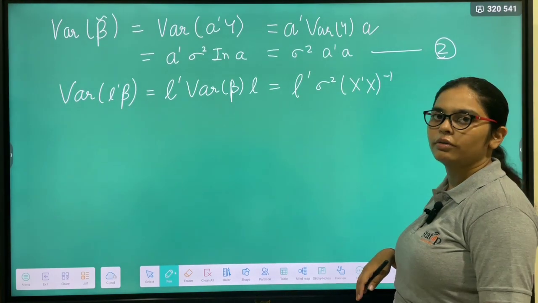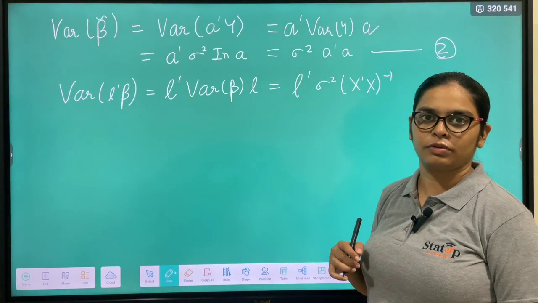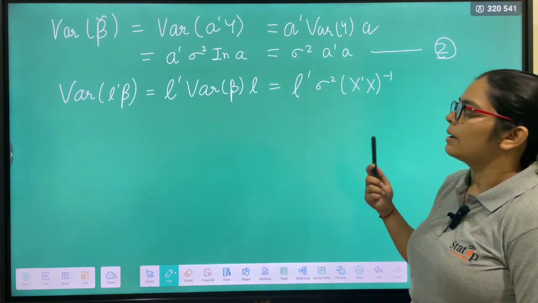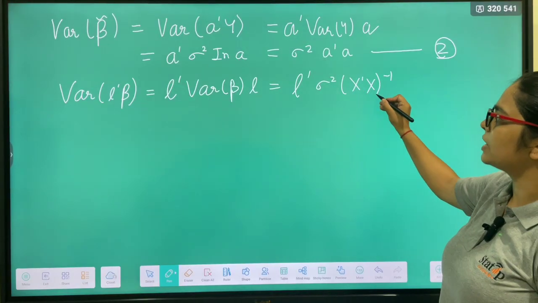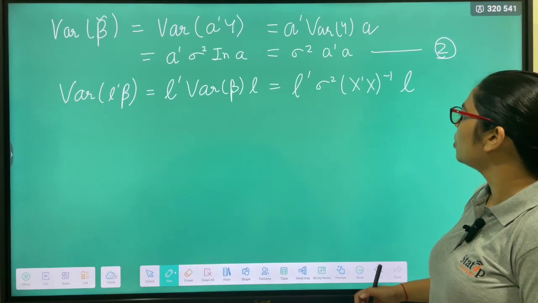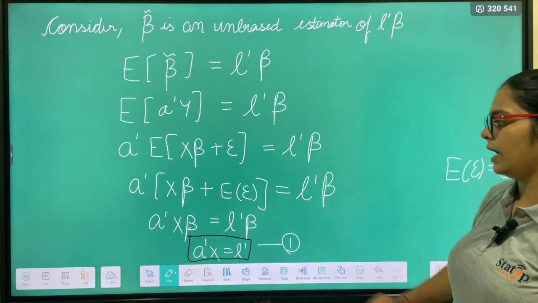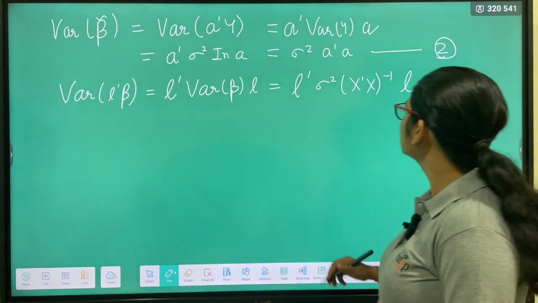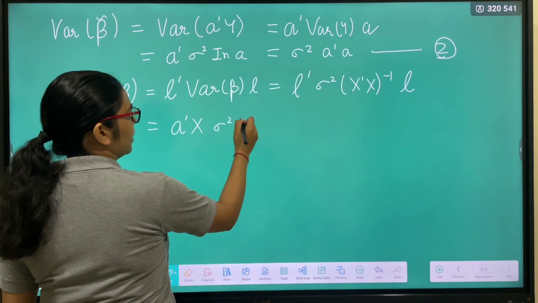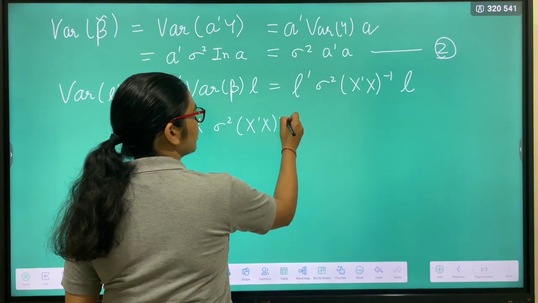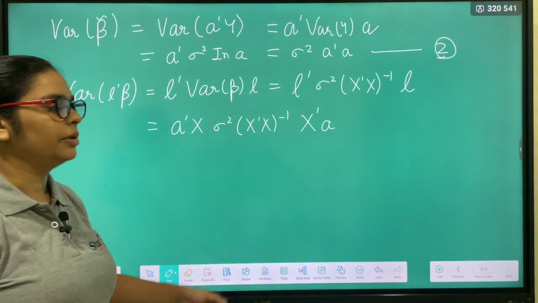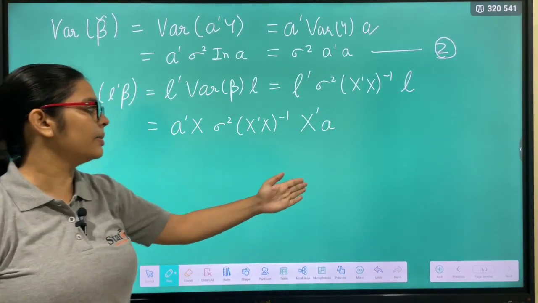If you don't know how to calculate this, you can see our previous video in which we have calculated the expectation and variance of beta. So sigma square (X'X)^-1 into L. This will be our variance. Now from equation number 1, L' is nothing but a'X. So substituting here, we will get a'X sigma square (X'X)^-1 into X'a, because we have to take the transpose of L, so it will become X'a.